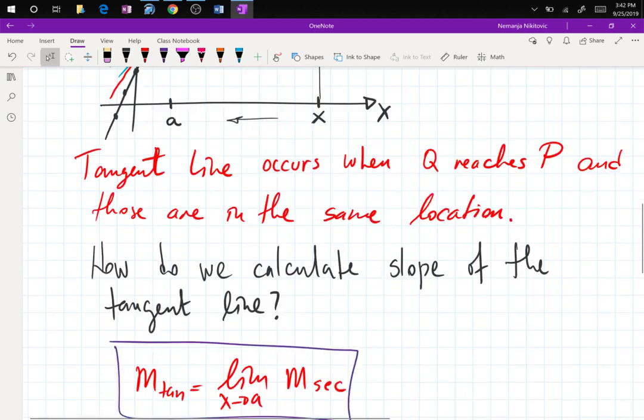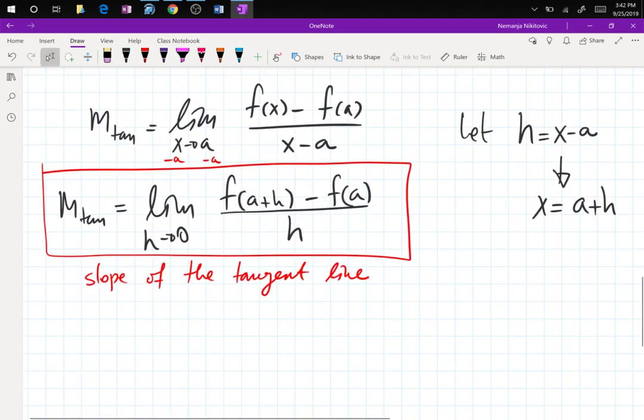And you can see that you pretty much have y minus y divided by 0. You see that? It's cool, right? You have y minus y divided by 0, so it kind of shows that it fits right there to be the formula for the slope of the tangent line.